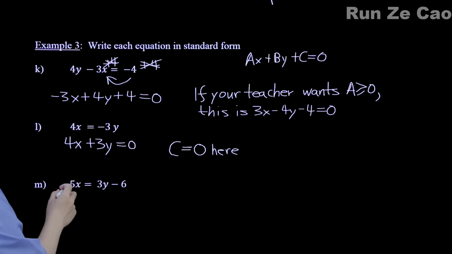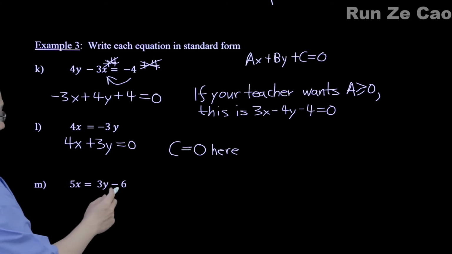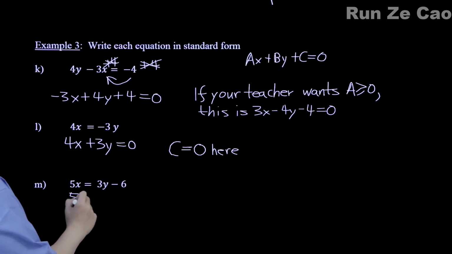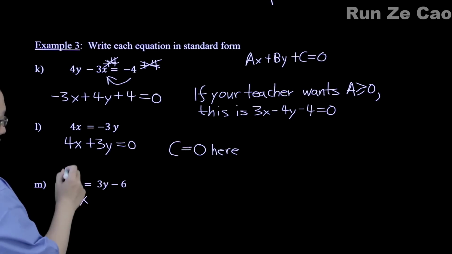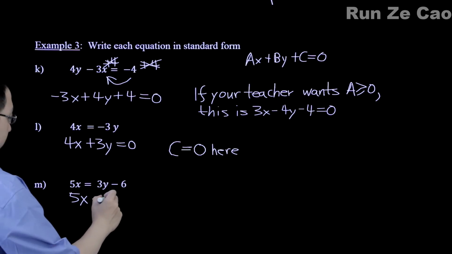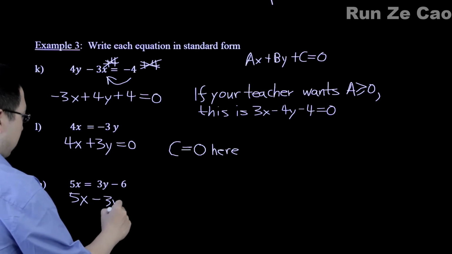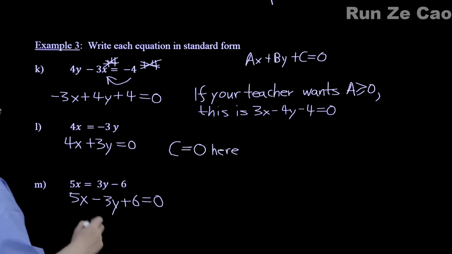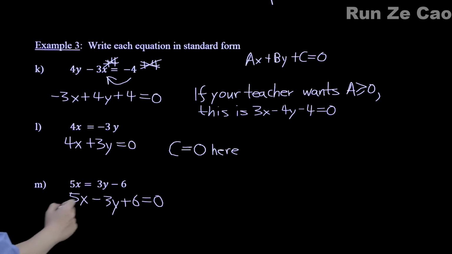So 5x equals 3y minus 6. This would be 5x. And then what happens when we move this over? Minus 3y plus 6 equals 0. You might be thinking, hey, why didn't you line up these equal signs?